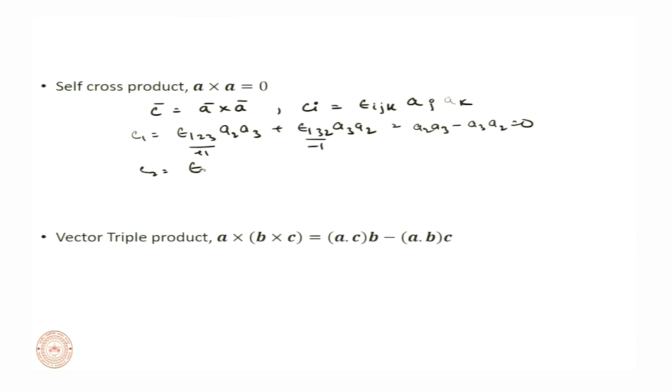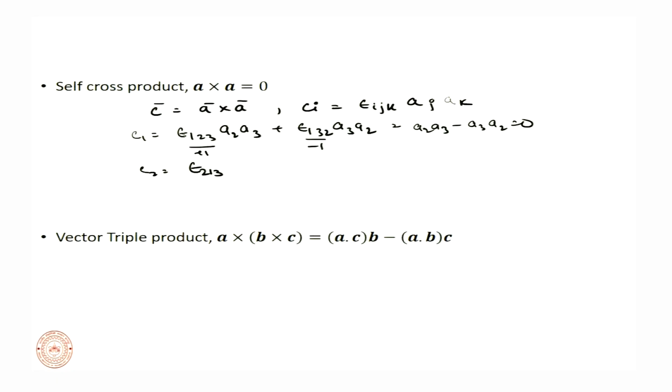c2 is equal to epsilon 213. Again I am not writing the repeating indices. Those are anyhow going to be 0, and it is a waste of space to write. So we are just writing the terms which will be plus 1 or minus 1.